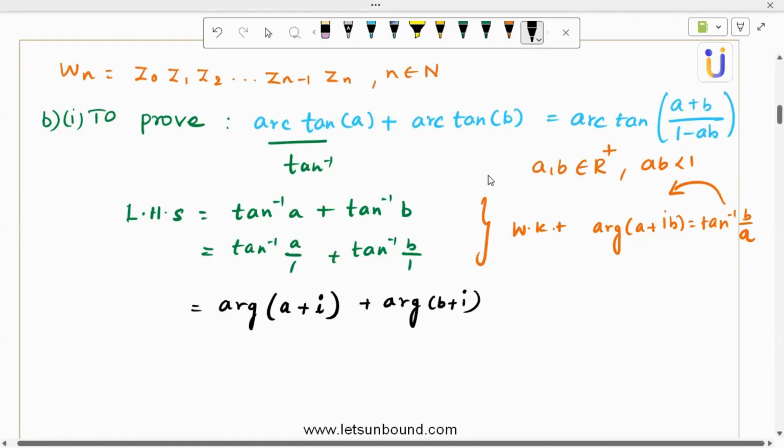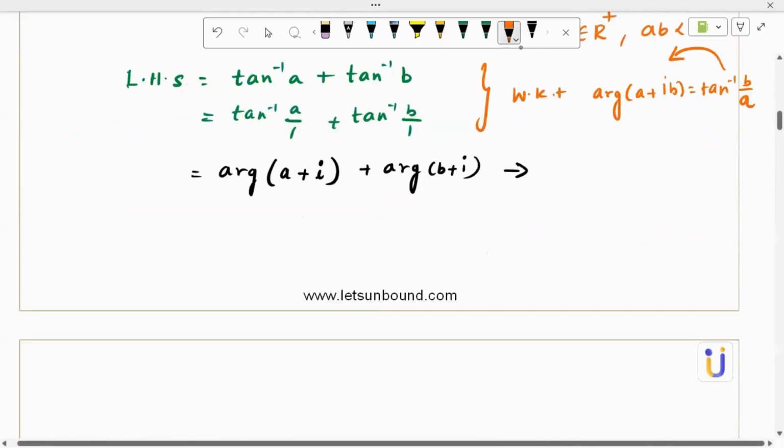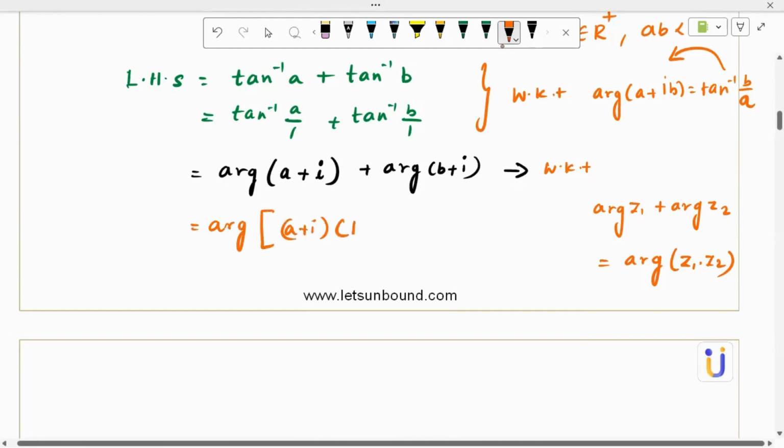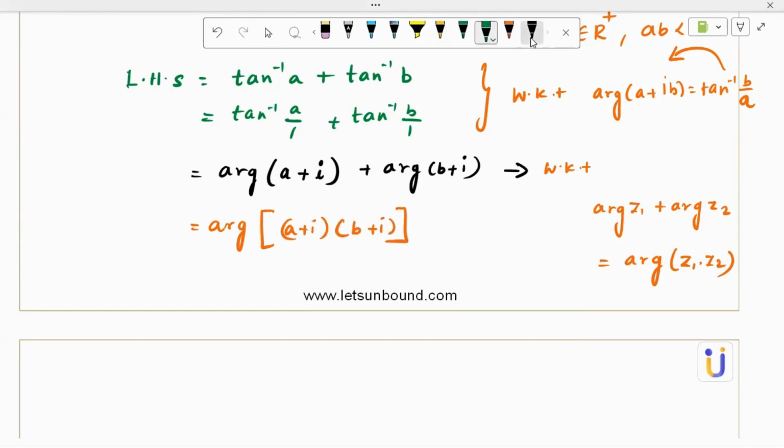Right? And we're going to apply a property here too. We know that argument of Z1 plus argument of Z2, it's a kind of log-related thing, can be condensed as argument of Z1 times Z2. Same thing, let's apply. So this will go like this, argument of a plus i times b plus i. And we can go ahead.